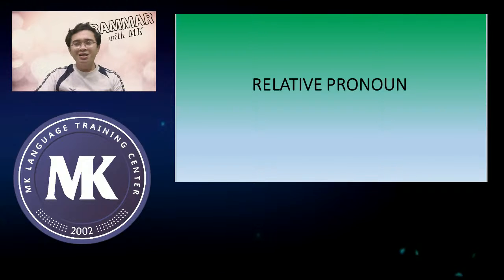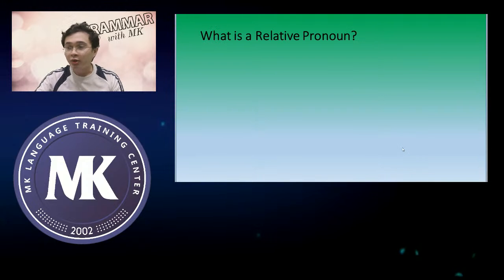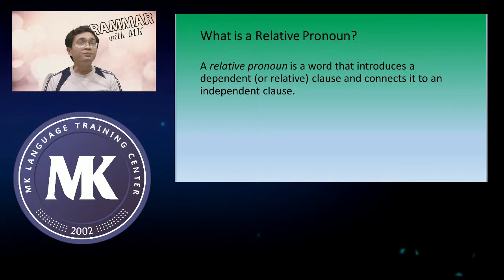But before we start, what do we mean when we say the word relative pronoun? It is a word that introduces a dependent or relative clause and connects it to an independent clause. So it means we can find relative pronouns in both clauses.